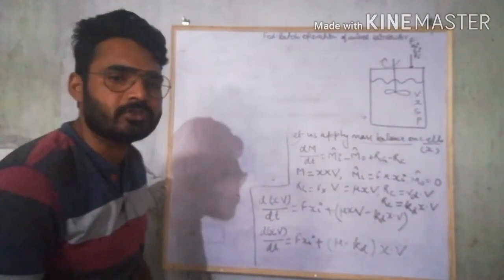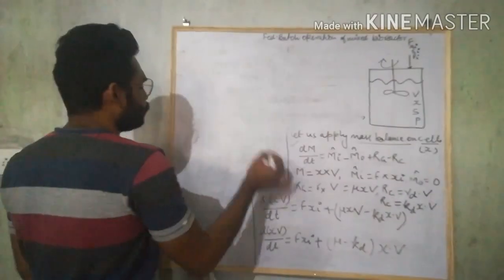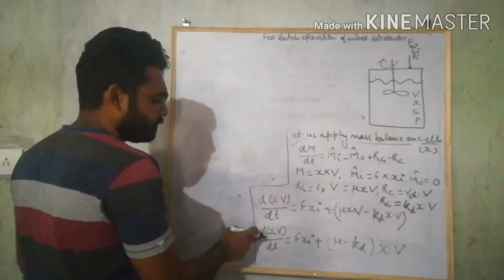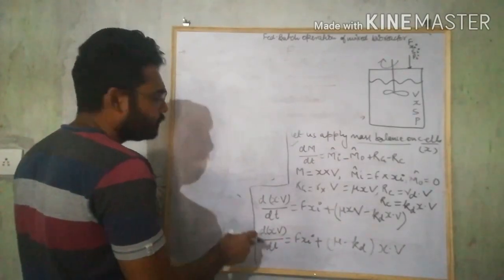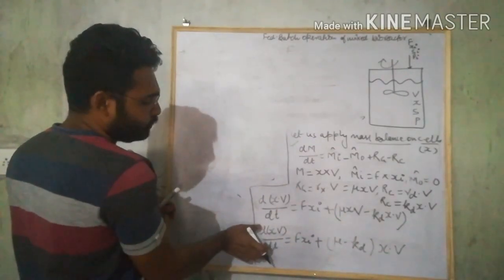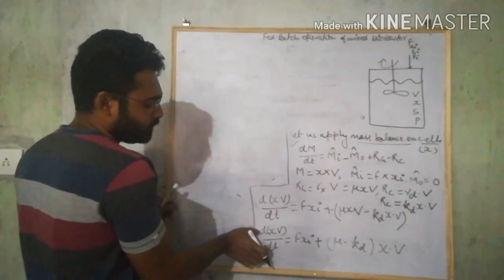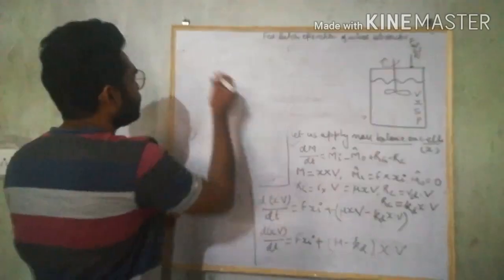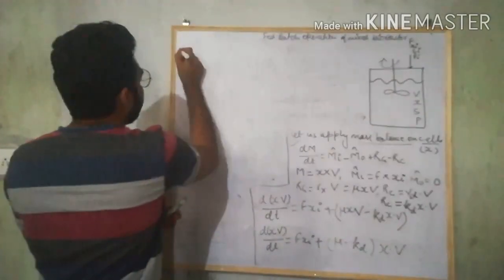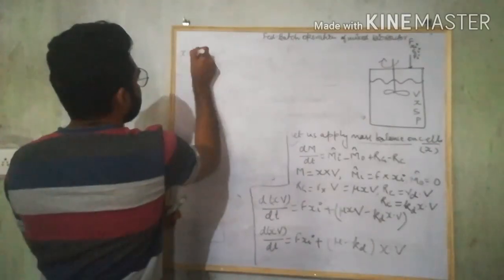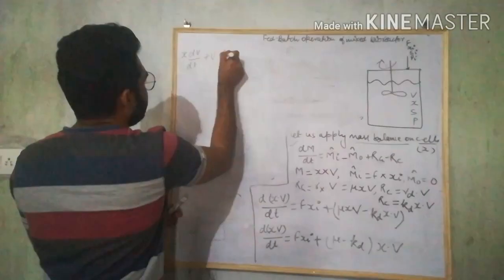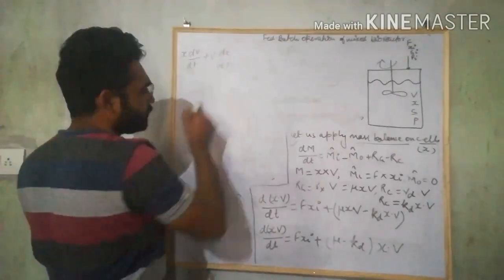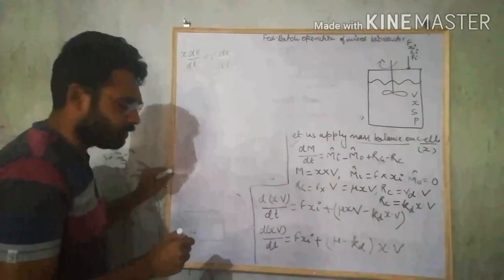So if volume is changing, then we have to expand this differential by using the product rule. So as per the product rule, I am going to expand this particular differential, that is d(xV) upon dt, so I can write it as x dV by dt plus V dx by dt. This is simply the product rule for the expansion of the differential.